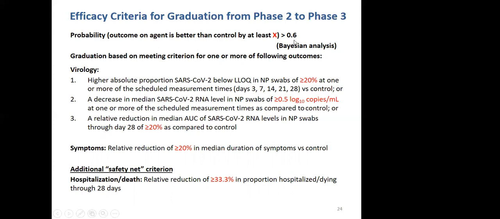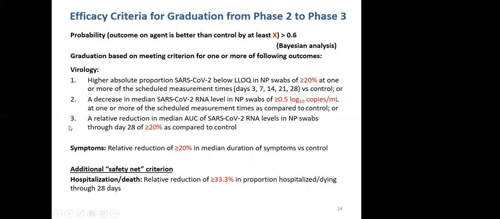So in other words, there's some evidence that the agent has an effect greater than X, not overwhelming evidence, but some evidence the effect size is greater than X for a particular marker.